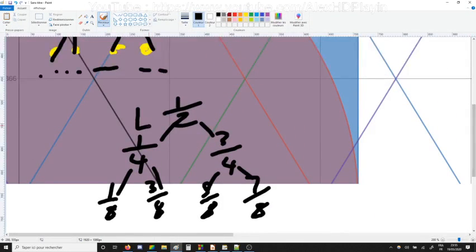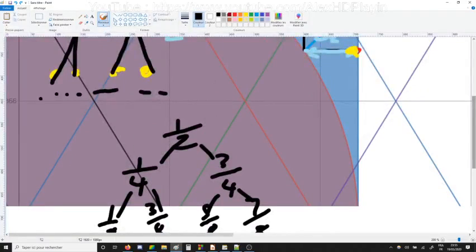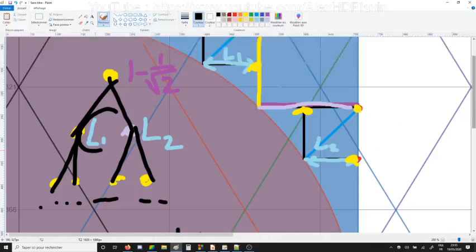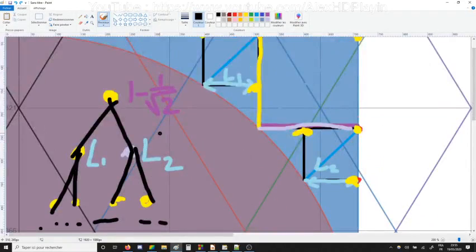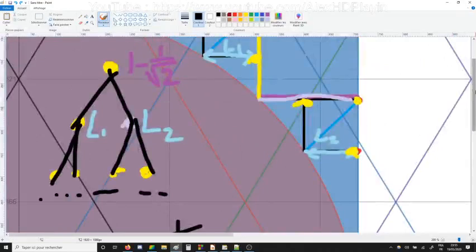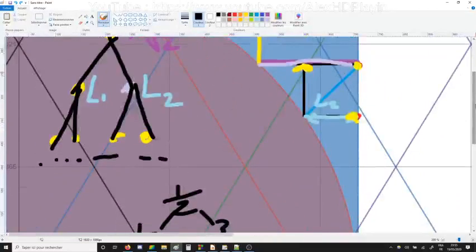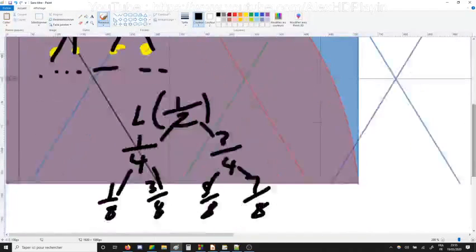Okay, so basically, if you do L of this, it's gonna give you this, which is 1 minus 1 over square root of 2. If you do L of 1/4, it's gonna give you L1. L of 3/4, it's gonna give you L2, etc., etc. I guess you can see how we can map both things with each other with a sort of map L, which basically stocks the lengths from dyadic inputs.